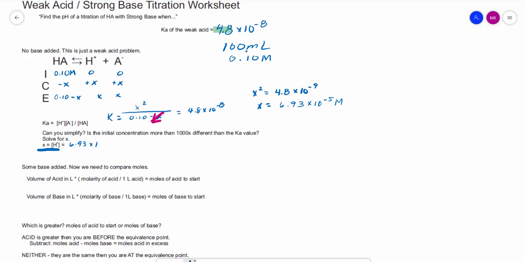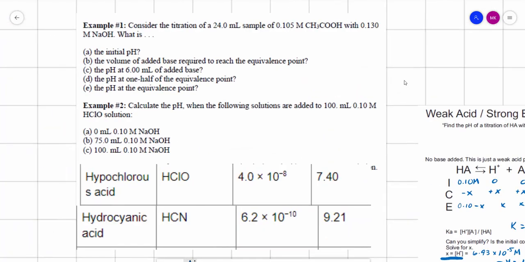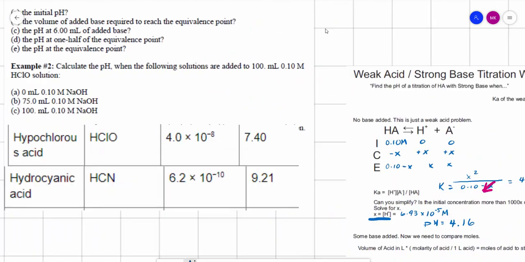We were asked to find the pH. So I type negative log and answer in my calculator, and I get a pH value before any base is added of 4.16.